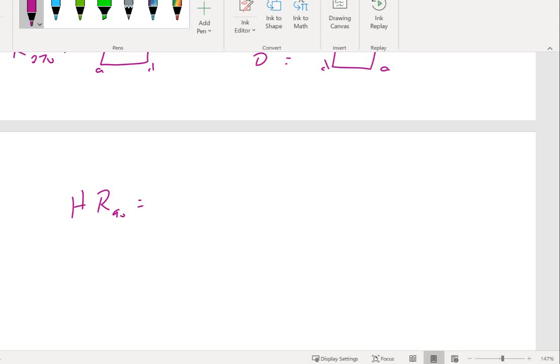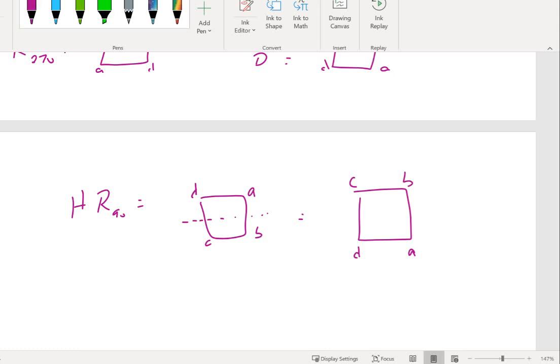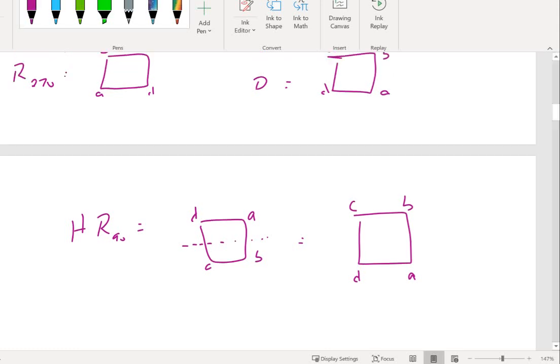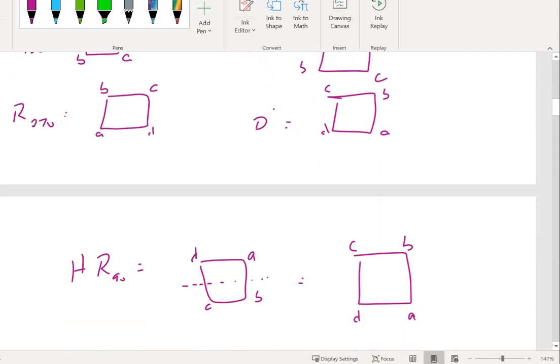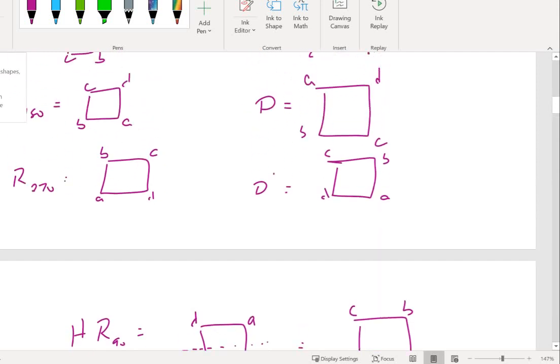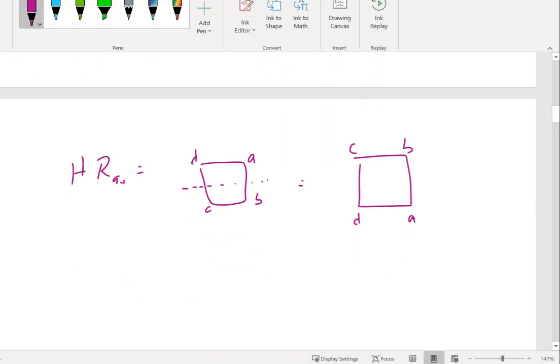So if I draw it out in 2 steps, my first step says, okay, I'm going to rotate this thing, and now I'm going to have that square. Then I'm going to go with that horizontal axis, and I'm going to flip that thing over, and that's going to give me DACB, and then I just need to compare, and that was D prime, right? So when I multiply those things, I get D prime.